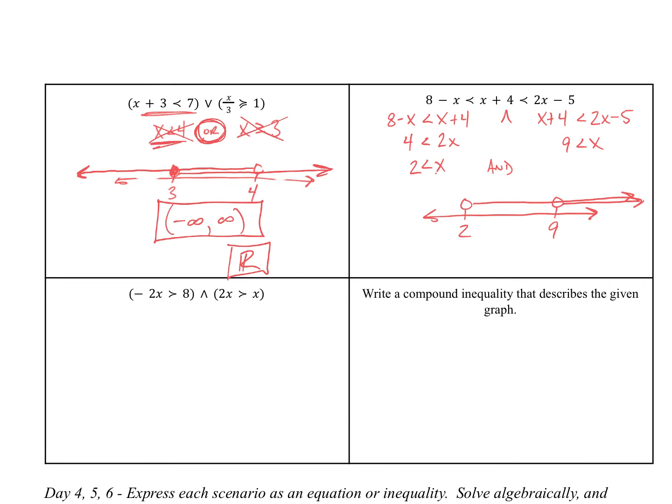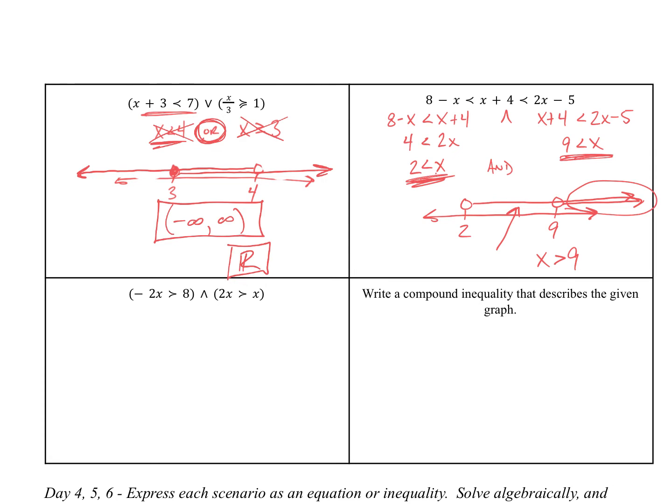So here you're seeing both arrows go in the same direction. If I wanted to pick out all of the numbers that satisfy this as well as this, it's really just going to be these numbers, right? Because I can't pick numbers out here. Those only satisfy x is greater than 2. So ultimately, the solution to this conjunction is just x is greater than 9.